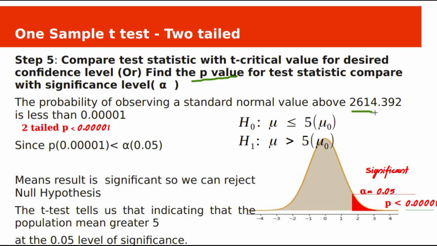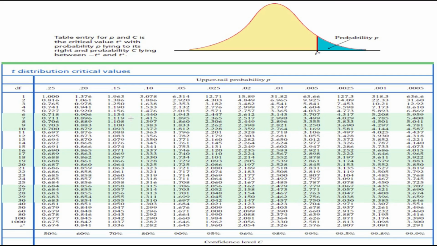The p-value for 2614.392 will be less than 0.00001. If you see this table, here our degrees of freedom is 194, which is close to this 100. So you can check this row. But here the probability value 0.0005, t statistic is 3.390.